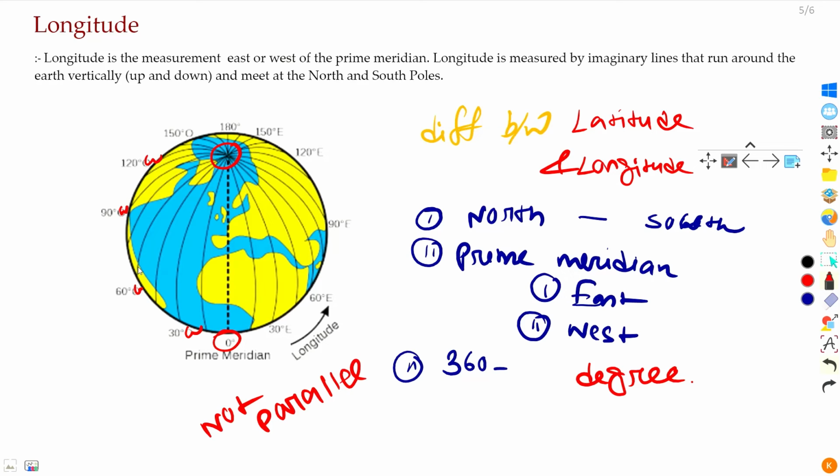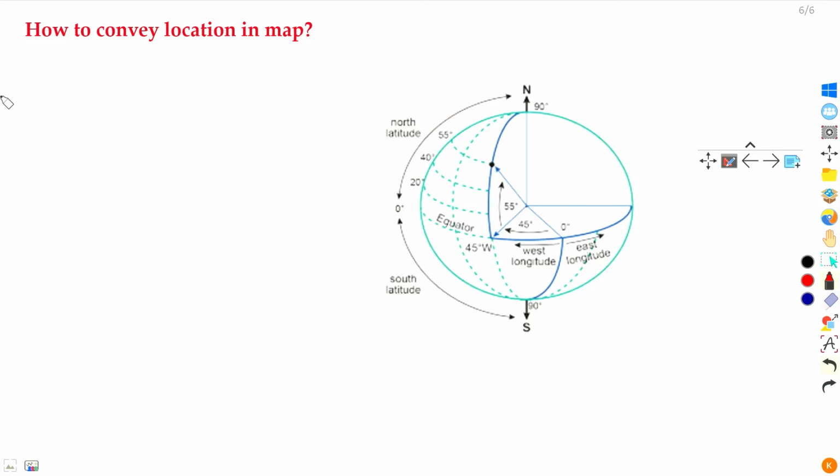Next we come to the main question from where we started. The question is how to convey location in a map. Suppose you take this point, right? This is a location point, and this is the equator line, and this is the prime meridian.